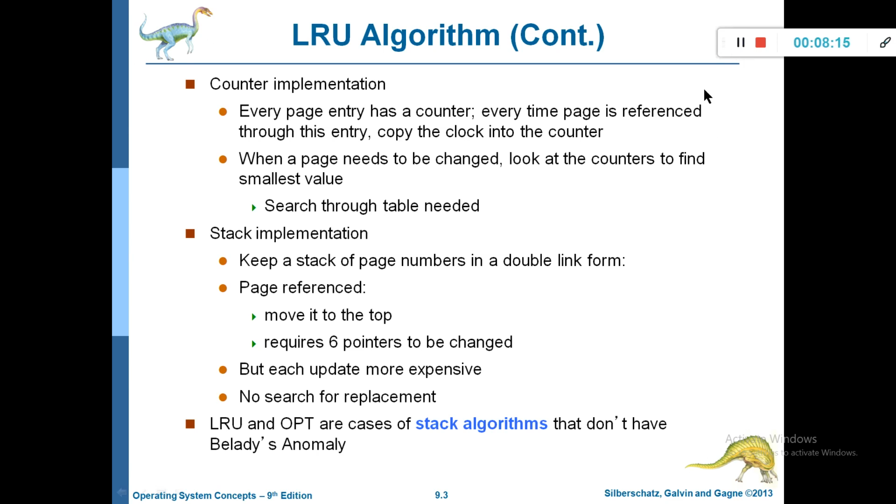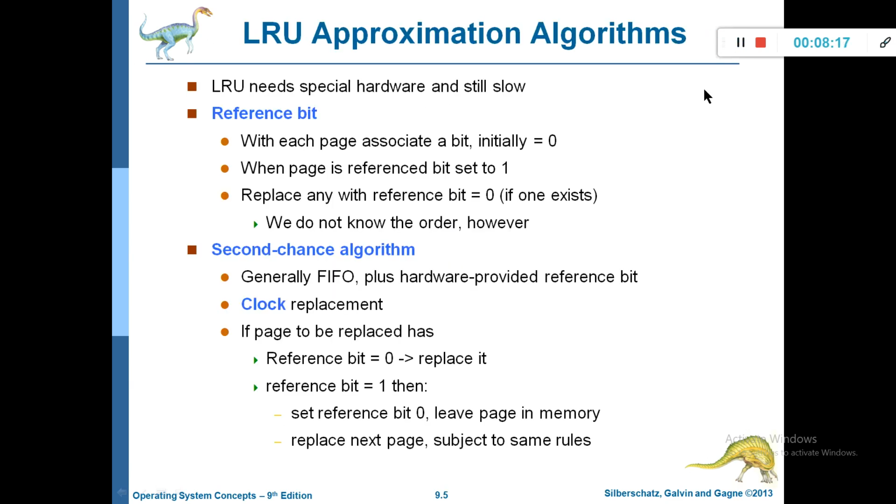Next we'll see the next method of implementing the page replacement algorithm, which is considered LRU approximation algorithms, the least recently used approximation page replacement algorithm. LRU needs special hardware when you want to implement it. Here we are using the reference bit.